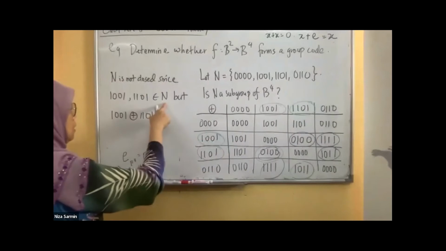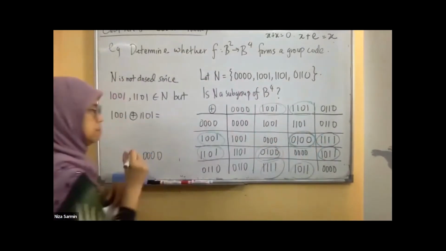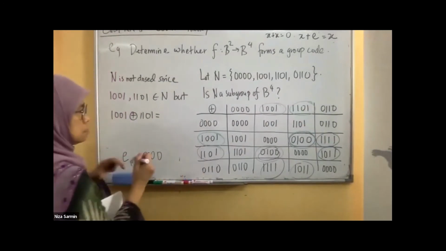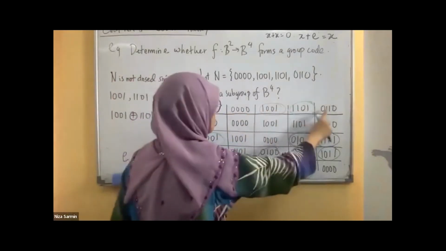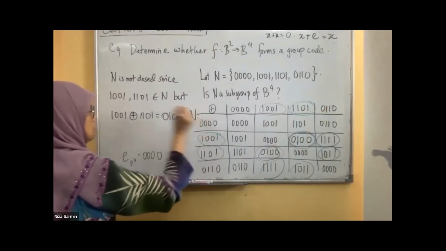They are in N, but when you add them you get 0 1 0 0. Is it 0 1 0 0? No. Not in N.